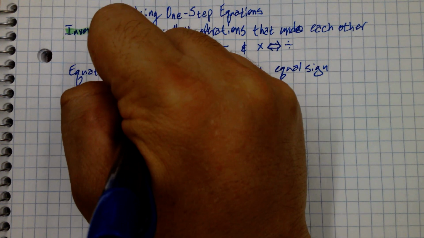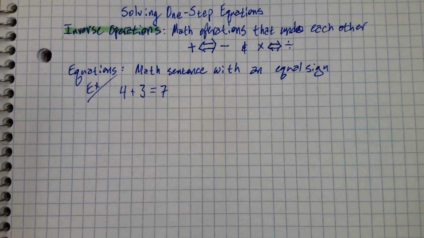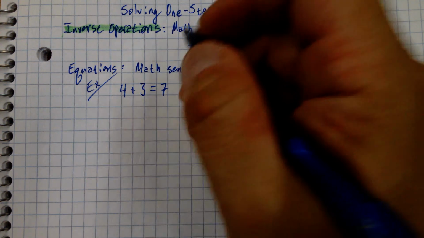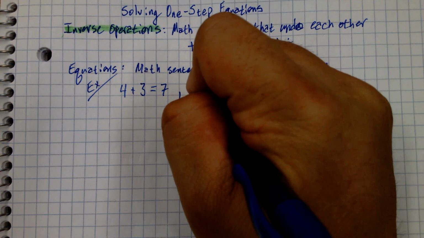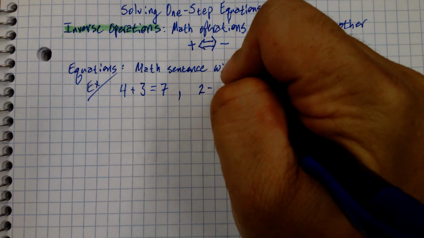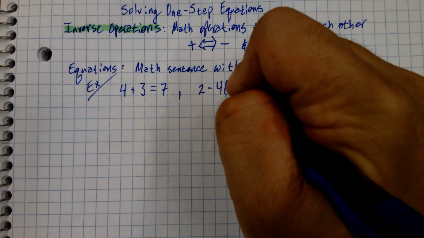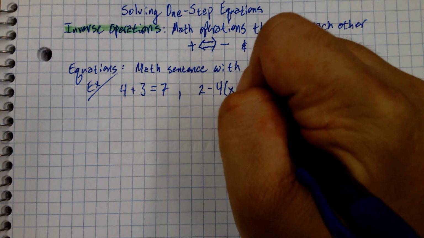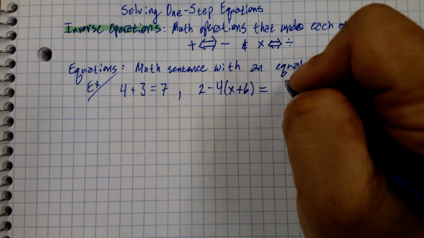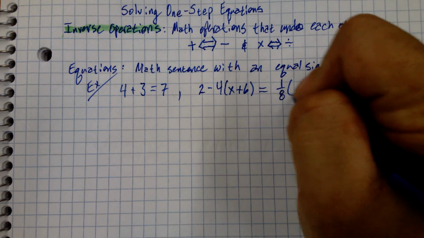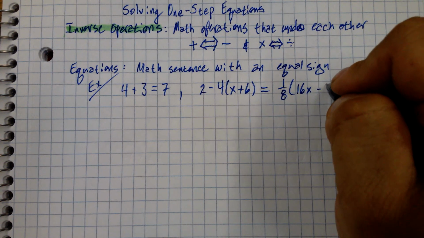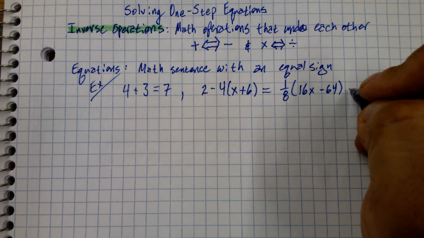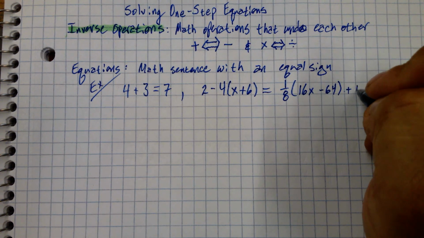So as examples, we could have the very basic 4 plus 3 equals 7. Then we could have something as complex as 2 minus 4 parentheses x plus 6 equals 1/8 parentheses 16x minus 64 plus 12.